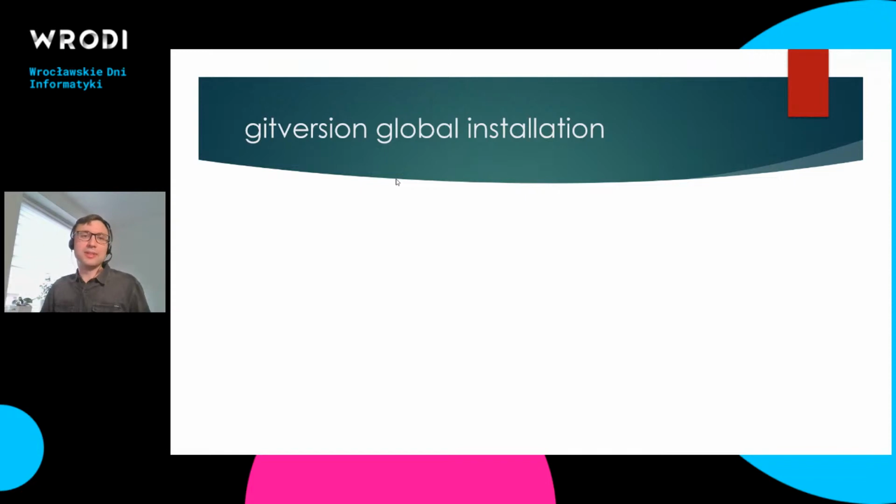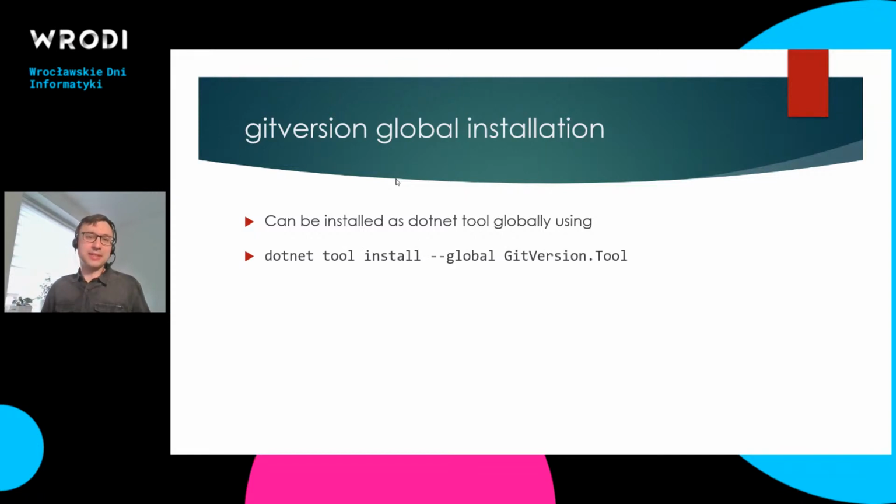Okay, so GitVersion can be installed as a .NET tool, which is kind of useful when you are a .NET developer. And it can be installed globally using this command line, and afterwards you can use the .NET GitVersion command. I just wanted to mention that because it's possible to install tools using the .NET CLI.